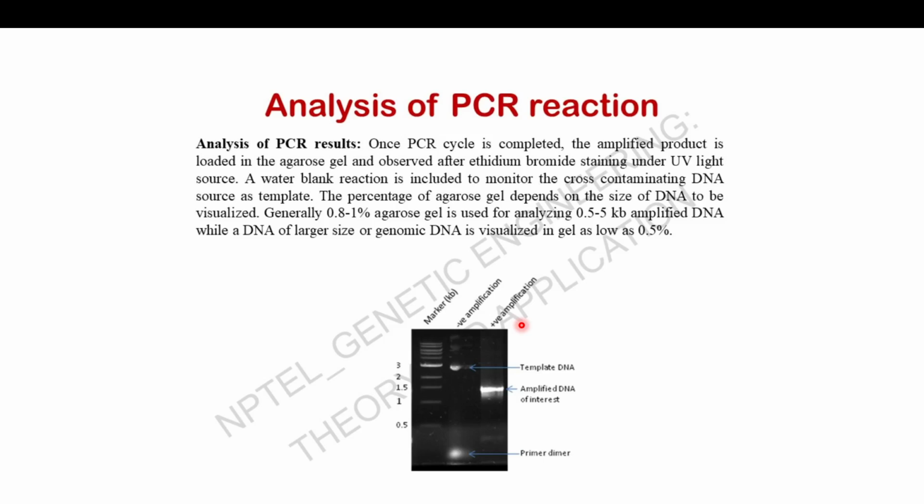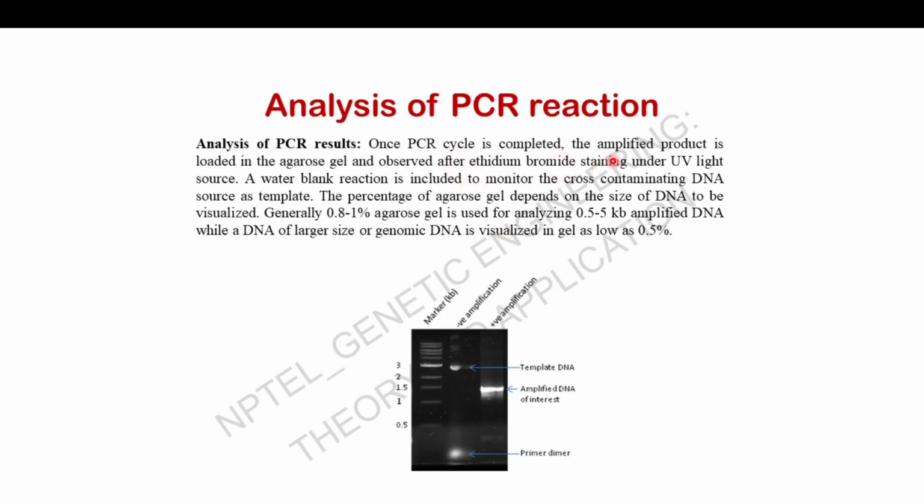Okay. So once the PCR cycle is completed, based on the size, if the DNA is much larger, it will take more time to move through the pores, whereas smaller molecules can move through the pores very easily, right? So a smaller molecule will move much farther down the gel, okay, and larger DNA fragments will stay towards the upper part.